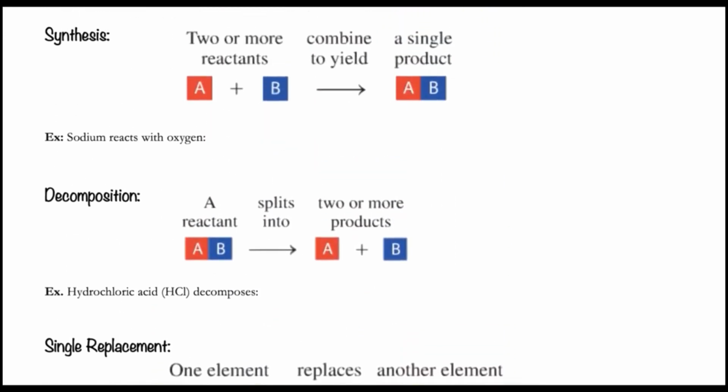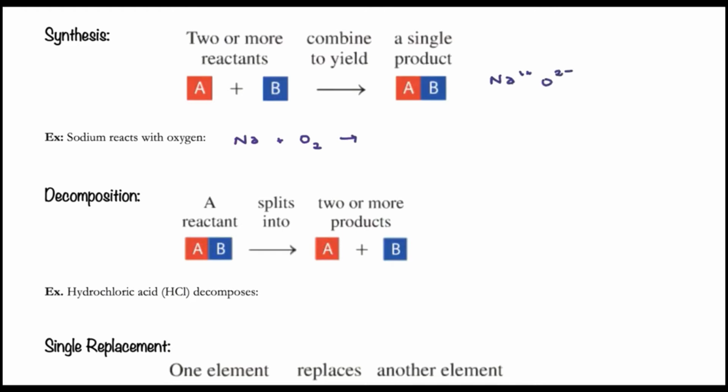For this synthesis reaction, remember 2 separate elements combining together to form one single one. So let's see. So sodium reacts with oxygen. All right, so sodium, Na, is going to react with oxygen. Okay. Well, if they're combining together, sodium is a metal, oxygen is a nonmetal, all I have to do is cross my charges, and I know what it forms.